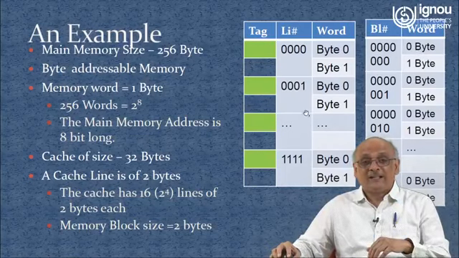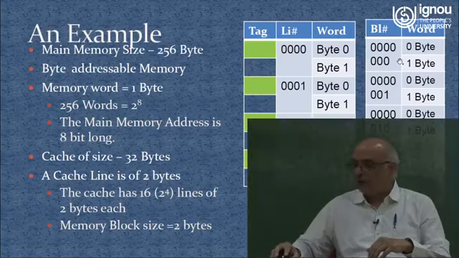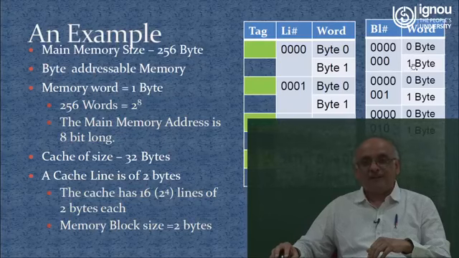A memory block consists of 2 words, and since in our case a word is a byte, it is basically byte 0 and byte 1. This is what represents the memory word in this particular sense.